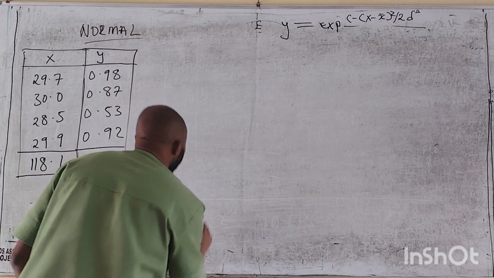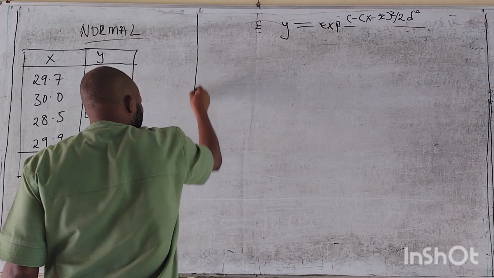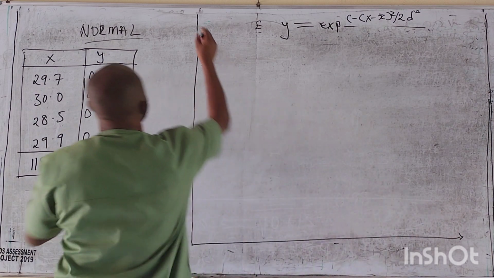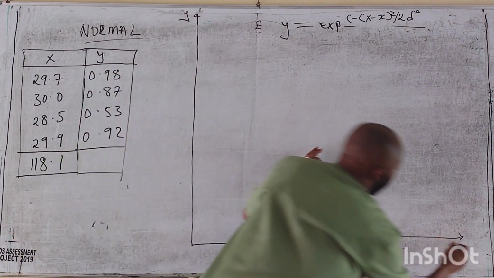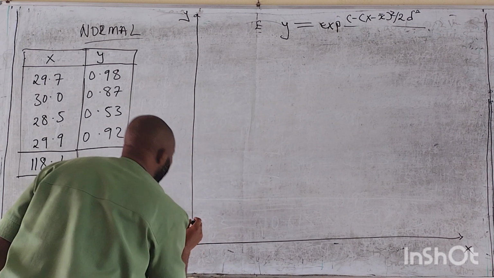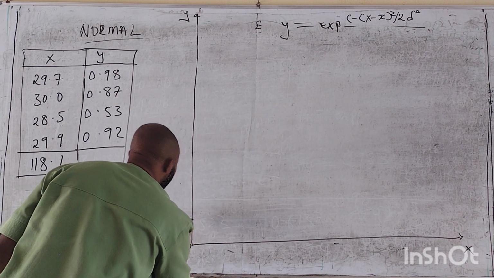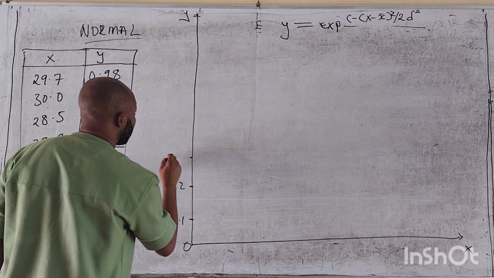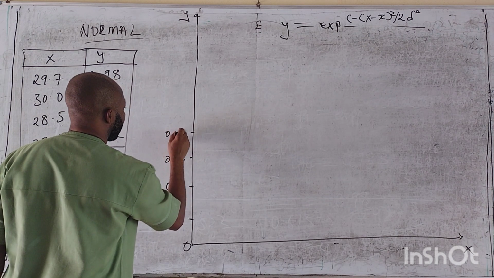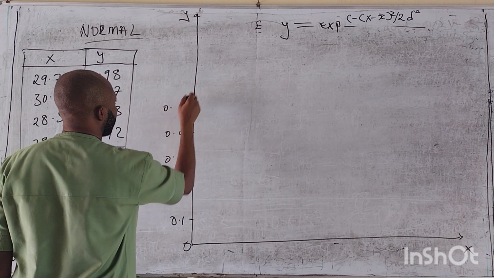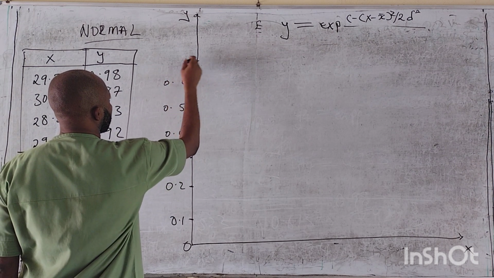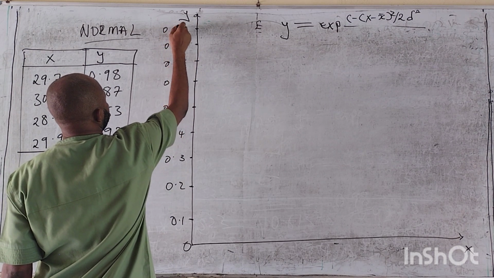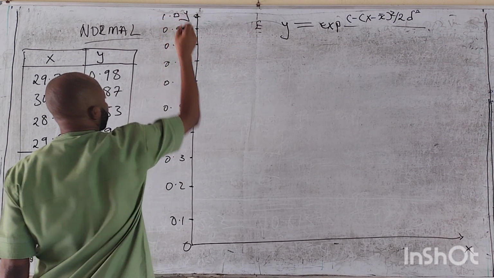So y and x, 0, 0.1, 0.2, 0.3, 0.4, 0.5, 0.6, 0.7, 0.8, 0.9, 1.0.